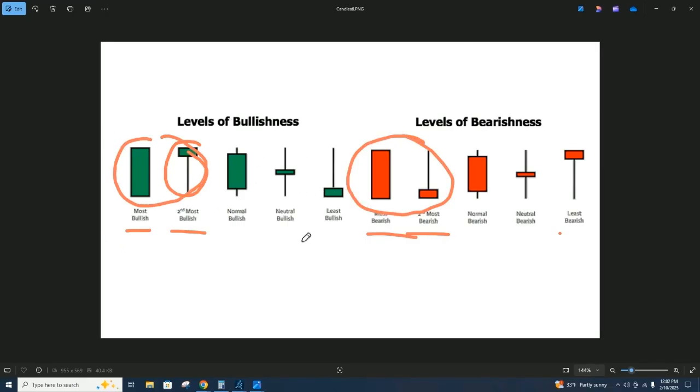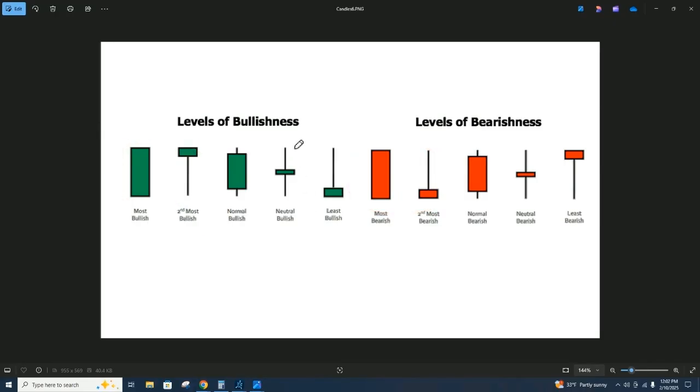Now, you have other candles like spinning tops or dojis. These are signs of indecision, which could be more neutral. But we will say this: when you do see these at tops or bottoms, 80% of the time they will signal a reversal.